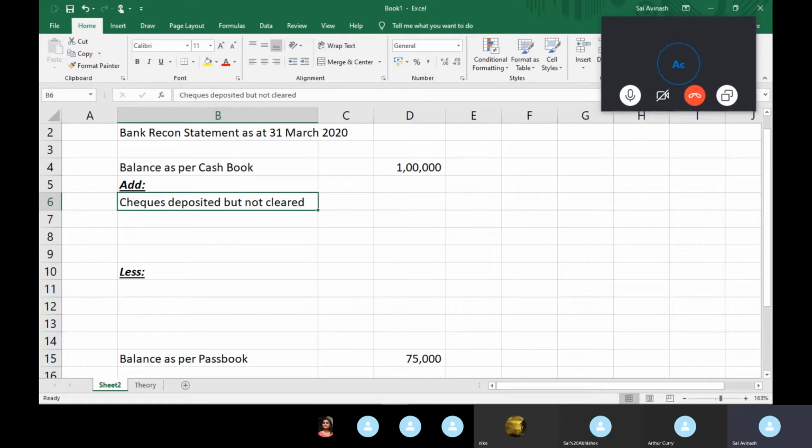In case it's a check from another bank, they will scan it. It's called a truncated check. They will send a copy of the scan to the other bank. Say I have a bank account in Citibank, and I received a check from somebody who has an account with Axis Bank. I give the check to Citibank, and they take a picture of it and send it to Axis Bank.